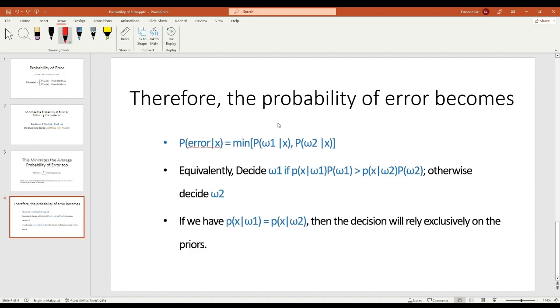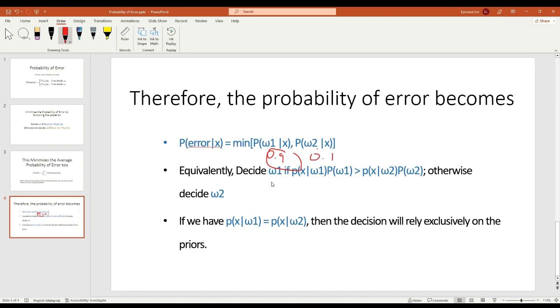Say that the posterior of W1 is 0.9 and the posterior of W2 is 0.1, so we will pick 0.9 because it was larger, but we will also note that we have a 10% chance that we have made an error.